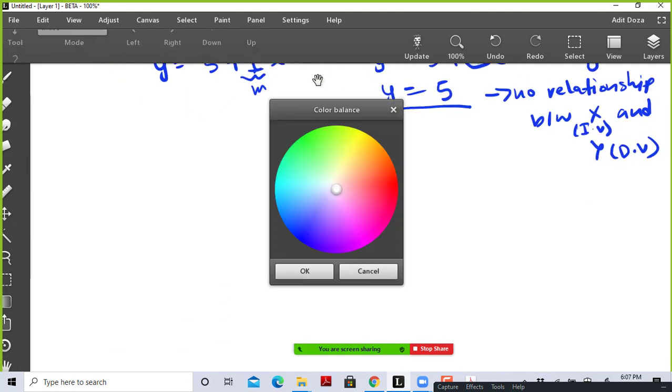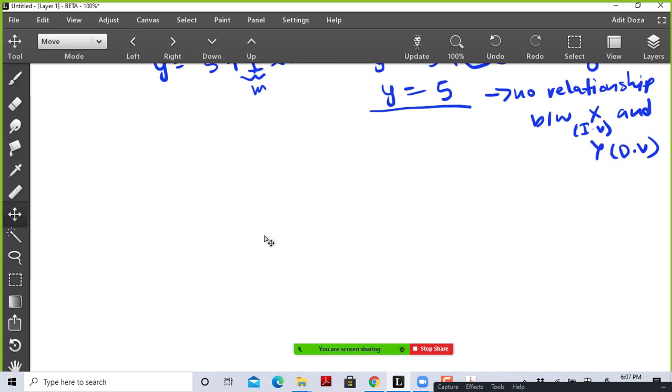So in this case, what's the slope of this line? Let's say I ignore this. Can anyone tell me what's the slope?